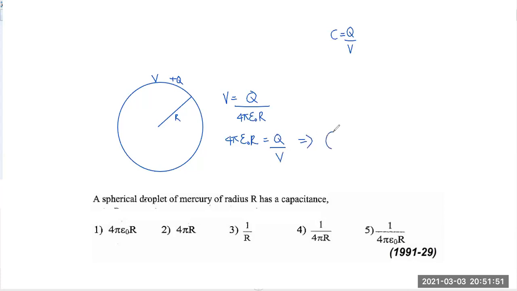Q over v is our capacitance, and that is equal to 4 pi epsilon naught R, where R is the radius, and this is the equation for the capacitance of a sphere of radius R. 4 pi epsilon naught R. Okay, so the answer for this question is going to be first one. If you can remember the equation, then you can quickly get the answer without much of a struggle. Right? So try to remember this equation.